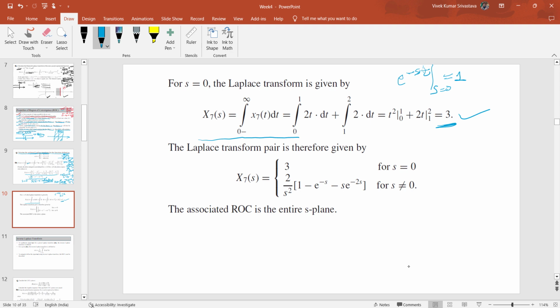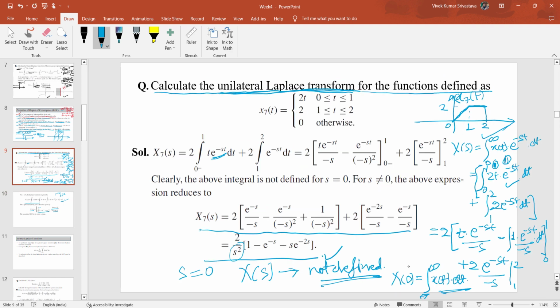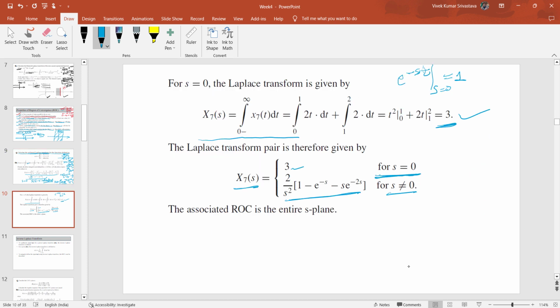So from here we can see that for s equals 0, the calculated Laplace transform is 3, whereas for s not equal to 0, this is the Laplace transform. For a finite duration signal, the Laplace transform is defined for the entire s plane, which means that for all values of s this Laplace transform converges.